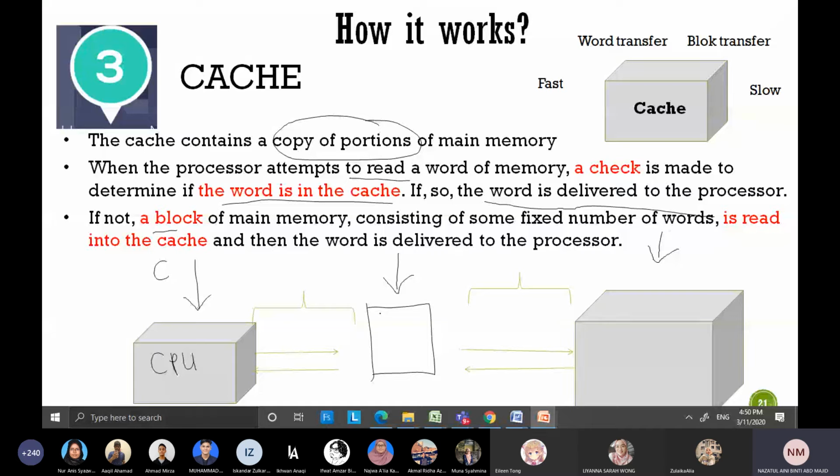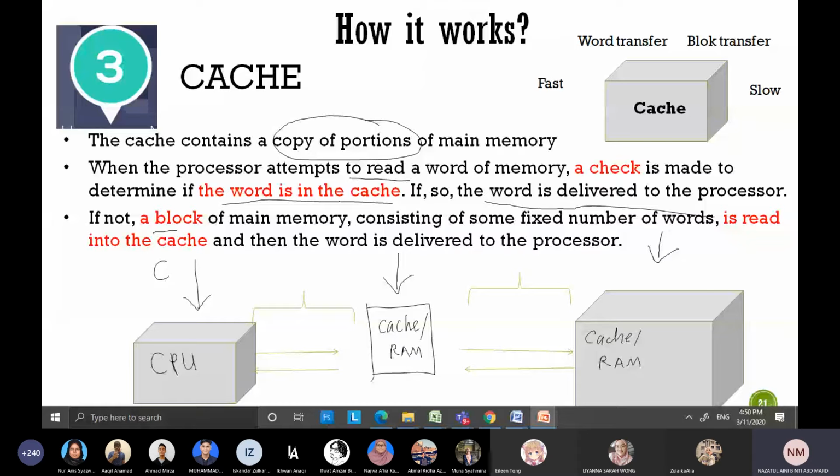In the middle? RAM or cache? Cache or RAM? Cache.